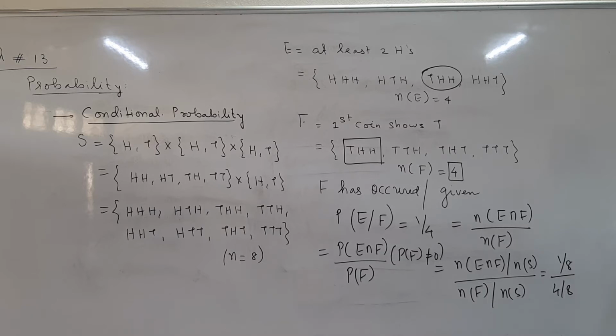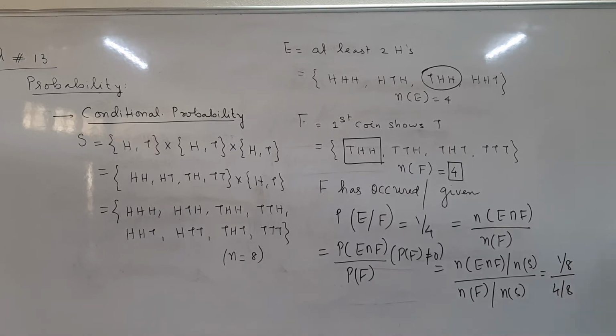Similarly, the probability of F given E is denoted by P of F given E, and that will be P of E intersection F upon P of E, where P of E is not equal to 0.